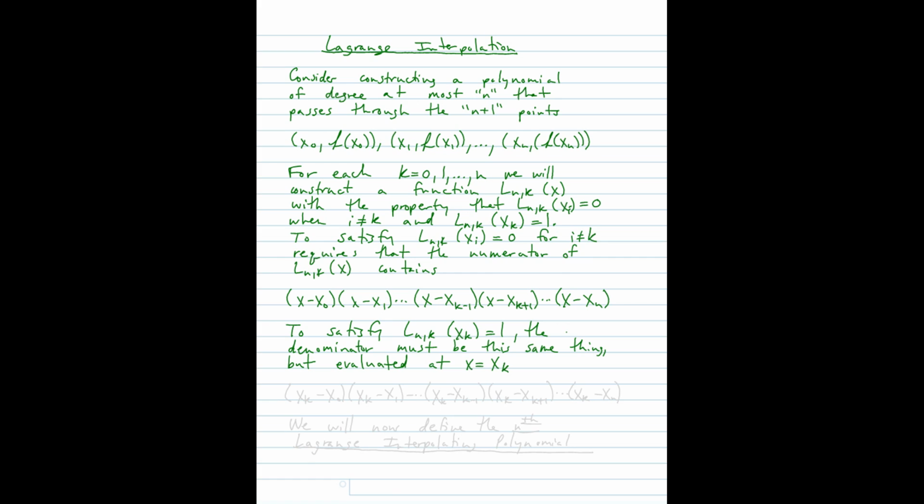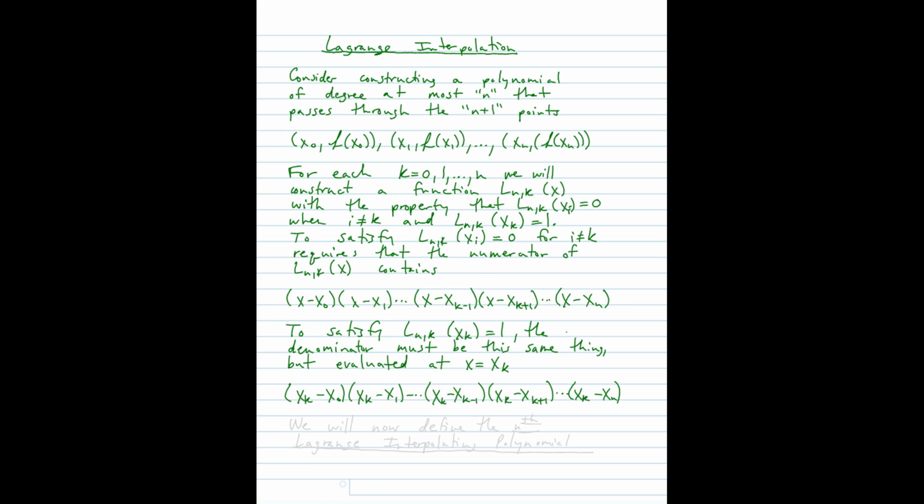And so that's going to look like xk minus x naught, xk minus x1, xk minus x k minus 1, xk minus x k plus 1, all the way through xk minus xn.